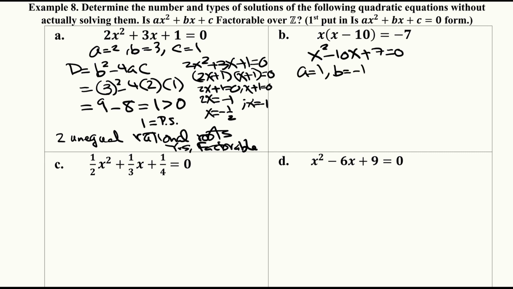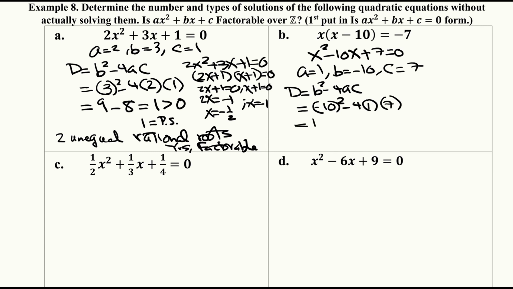B is -10, and C is 7, now that we're in the proper format. So now we can calculate D, which is B squared minus 4AC, and we have (-10) squared minus 4 times A, which is 1, times 7.